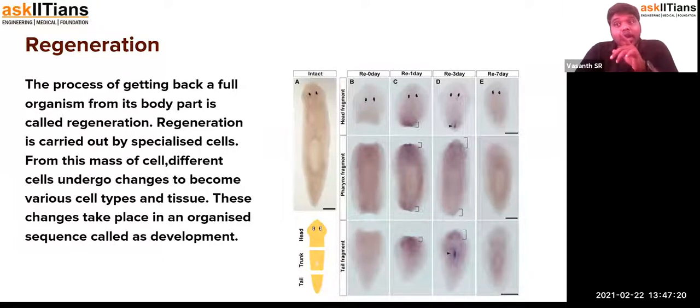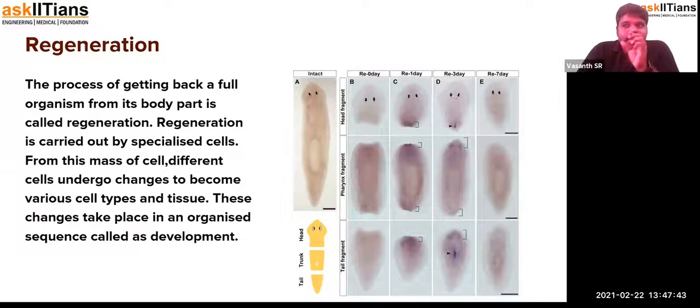In the same way, in animals we have something called stem cells. The stem cell is responsible for cellular multiplication, and those multiplied cells will form new tissue. But in us, the tissues formed are not from stem cells in the same way.